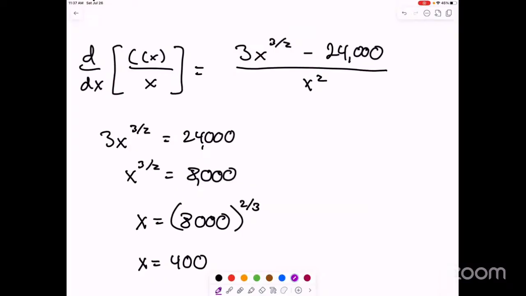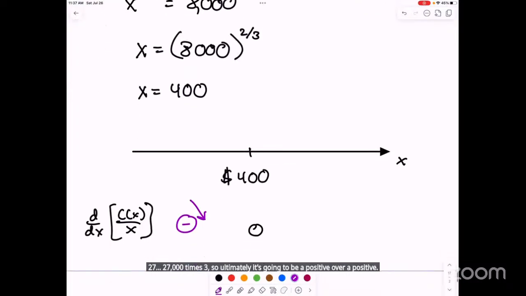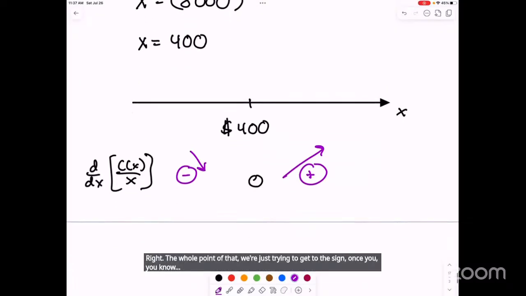So the square root of 900 would be 30 to the power of 3, 27,000 times 3. So ultimately it's going to be a positive over a positive, right? The whole point of that, we're just trying to get to the sign. We don't need the exact number, we just need to know the sign.